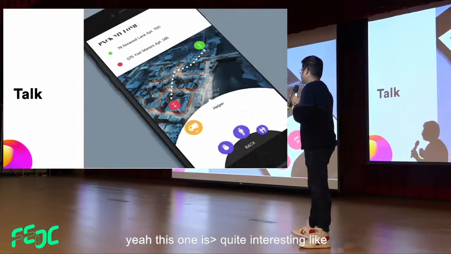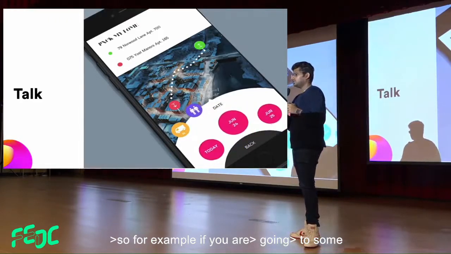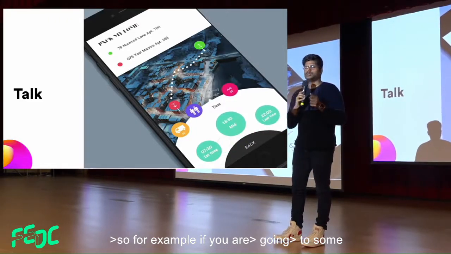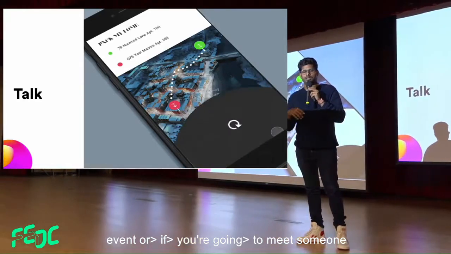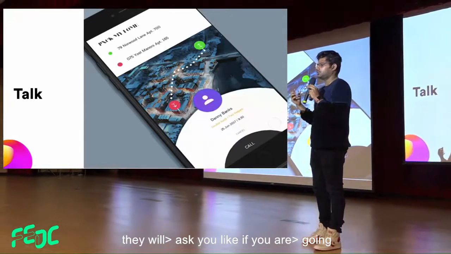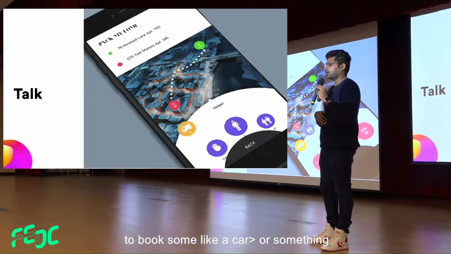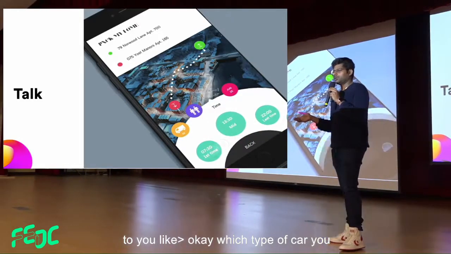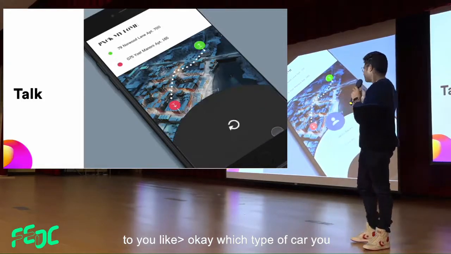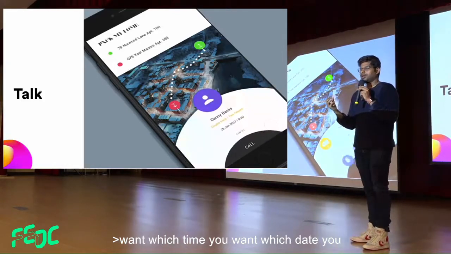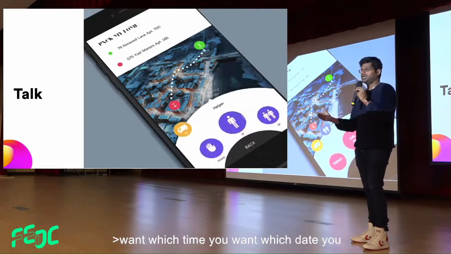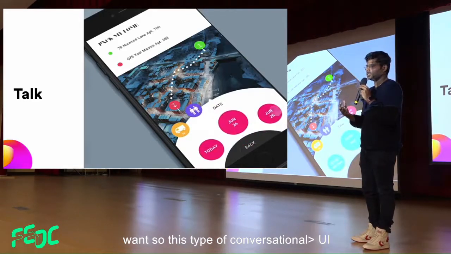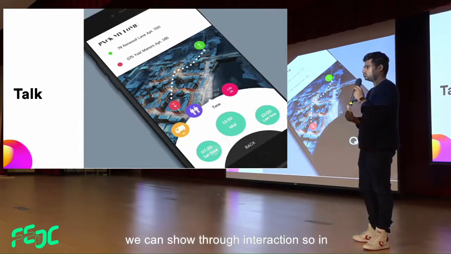Yeah, this one is quite interesting. For example, if you're going to some event, or if you're going to meet someone, or if you're going to book a car or something, they will ask you a bunch of questions. Like which type of car you want, which time you want, which date you want. So this type of conversational UI we can show through interaction.